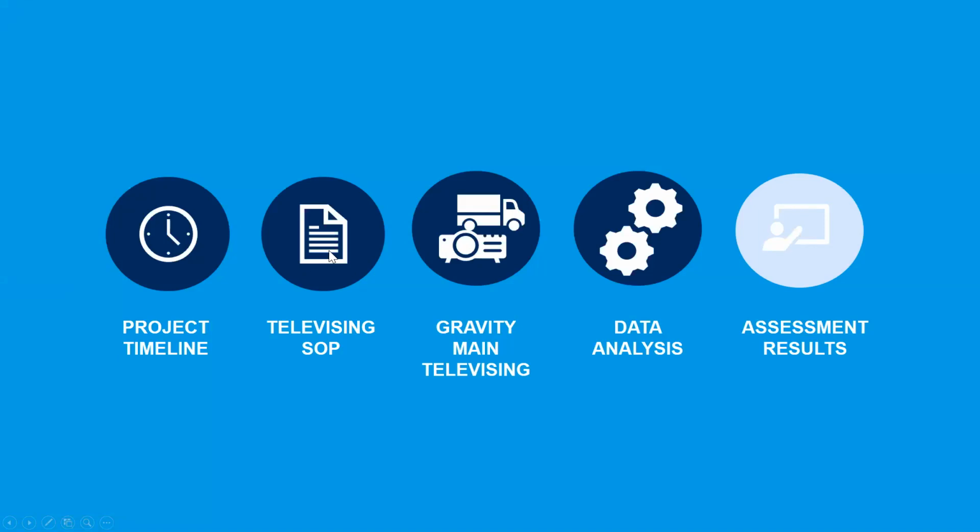So now, finally getting into the risk scores. But before getting there, I'd like to emphasize that having a regular and systematic inspection, in this case of gravity mains, truly provides a means for the City of Escondido to monitor the condition of the pipes, and to gauge the effectiveness of maintenance operations by updating the SOP like the City of Escondido did.